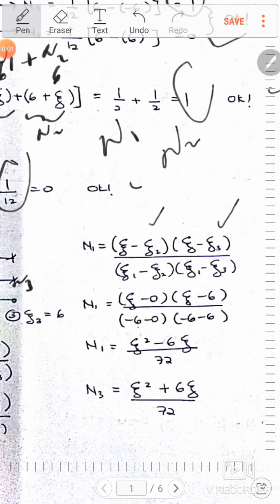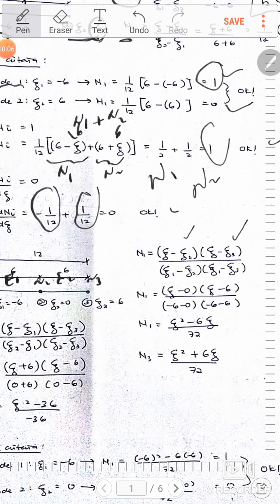Okay, substitute your values, you will get this one: zeta 2 equals 0, zeta 3 equals 6. So zeta 1 minus 6 is zeta 2 is 0, zeta 1 minus 6, and zeta 3 is 6. It's very easy because I'm working on the Lagrange method.